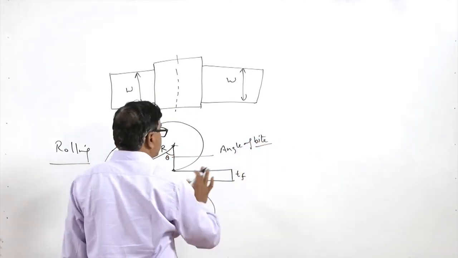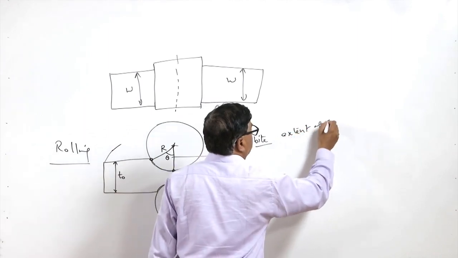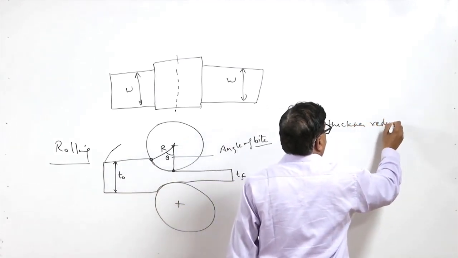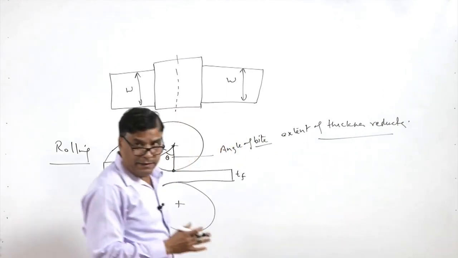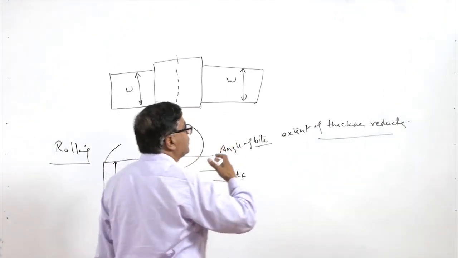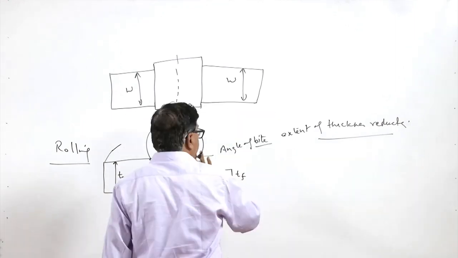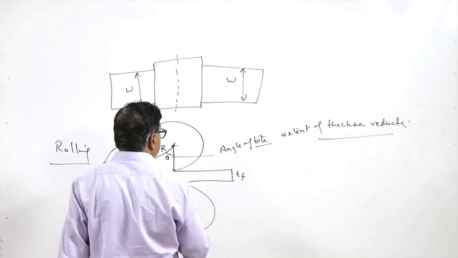It determines the extent of thickness reduction which will take place. The greater the extent of reduction in thickness, the greater will be the draught achieved during the rolling.